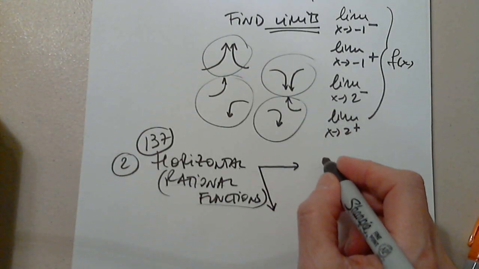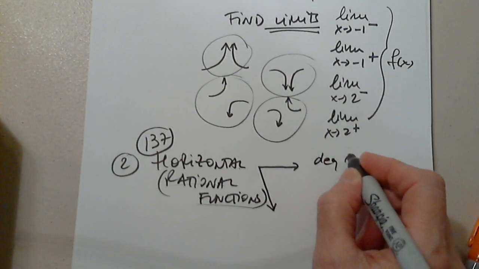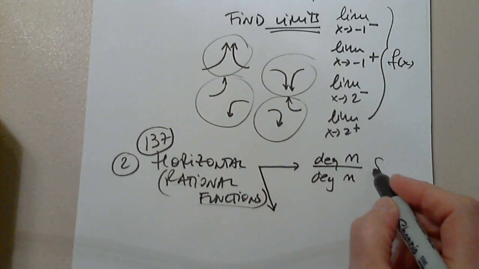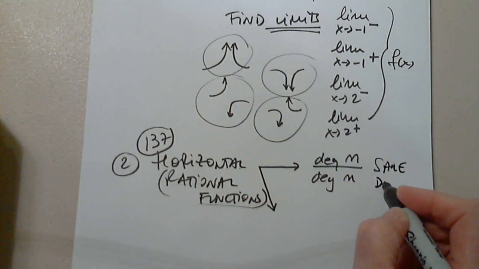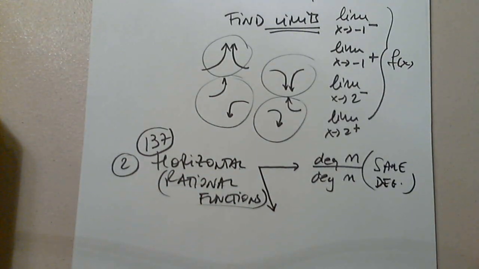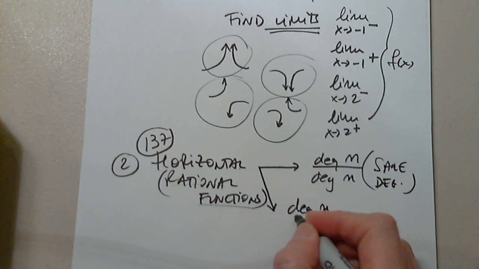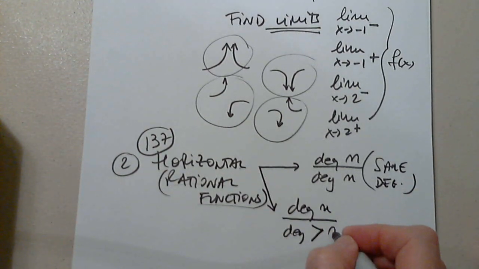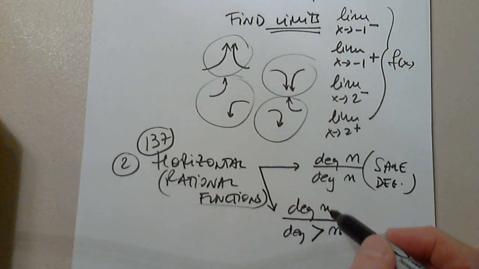One is degree n over degree n. Same degree, in other words. And there is another one: degree n over degree strictly greater than n. Degree 1, degree 2.